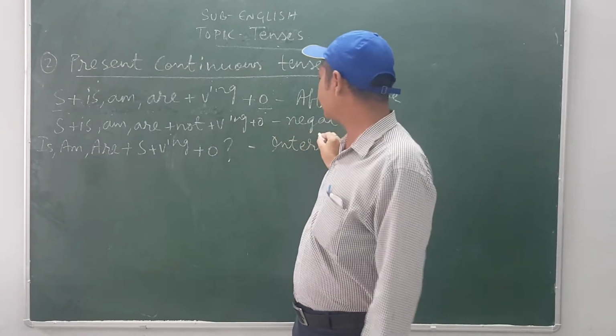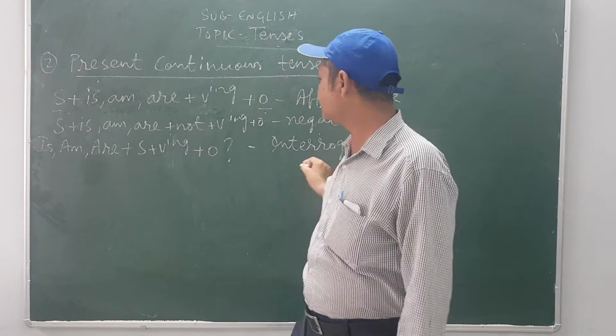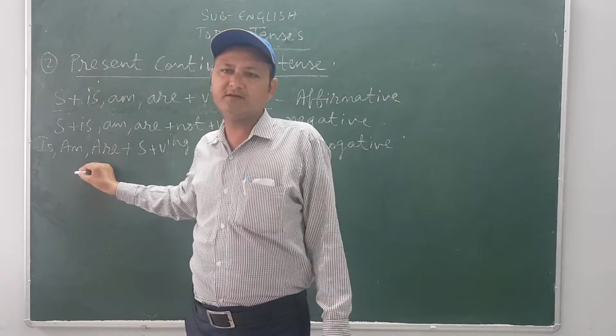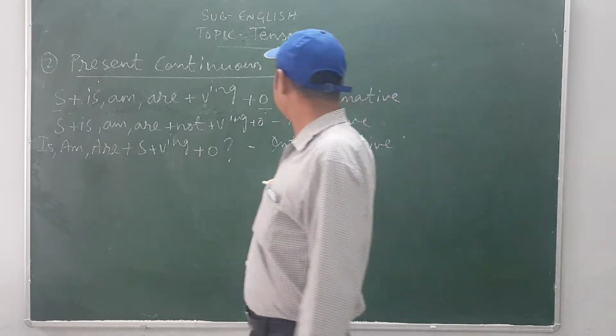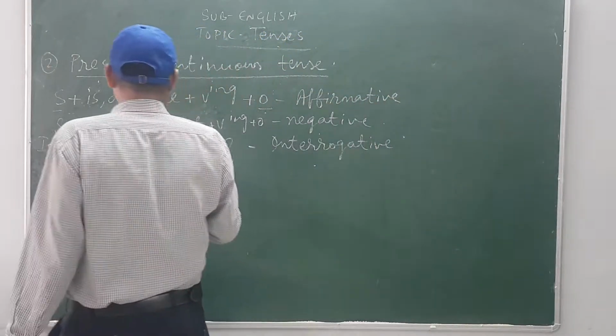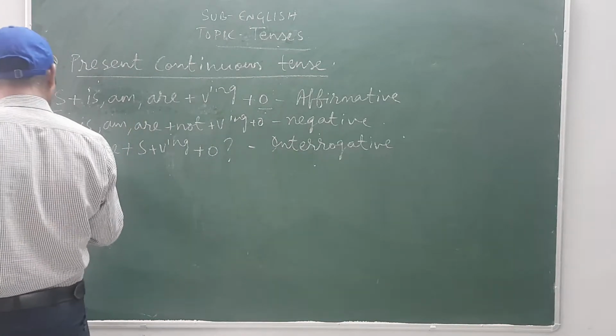In the same way in the negative sentence you are going to use not, and in the interrogative sentence the helping verb will come in the beginning of the sentence. Now I am going to give you some examples related to present continuous tense. First, affirmative.